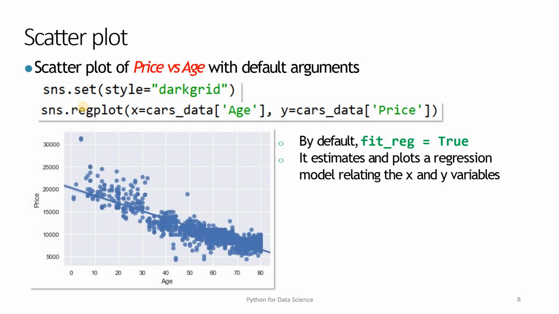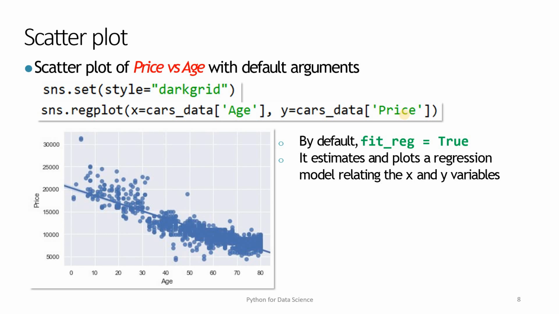Now you can see that regplot stands for regression plot, and inside the function you have to specify the variable for the x-axis and y-axis, because it is going to be the scatter plot of price versus age. We need to give age under the x-axis and price under the y-axis, so we can check how price varies with respect to the age of cars.